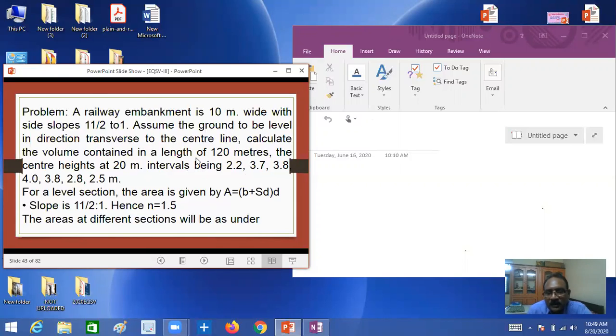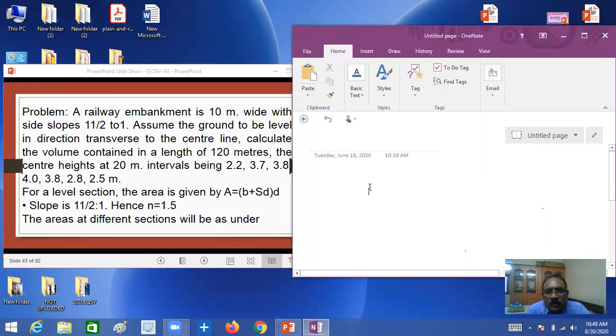Generally, as I explained, the interval length is 30 meters or 20 meters; here, every 20 meters.